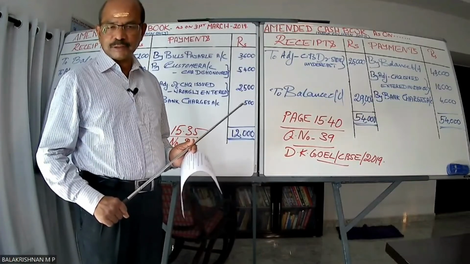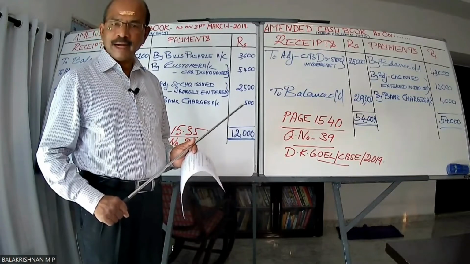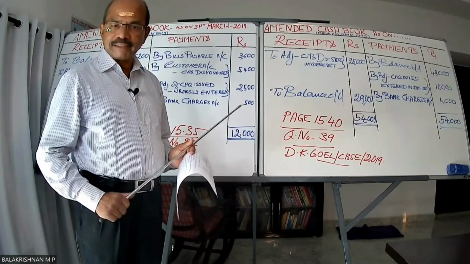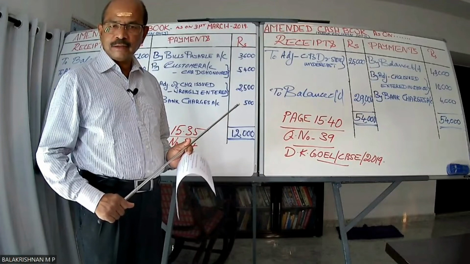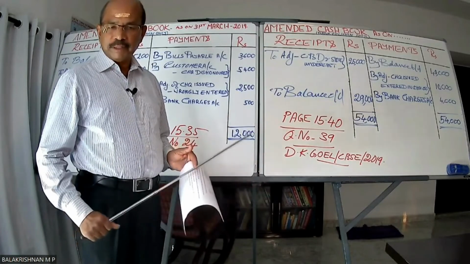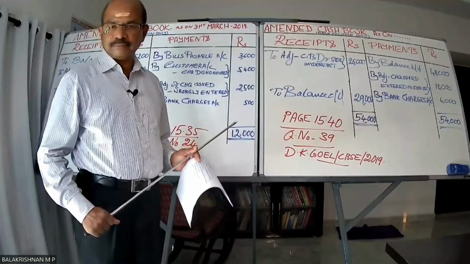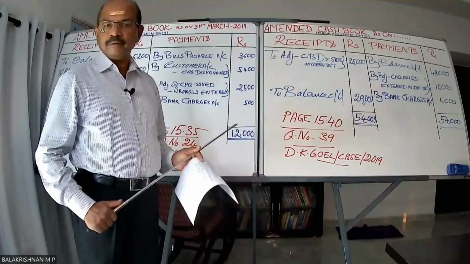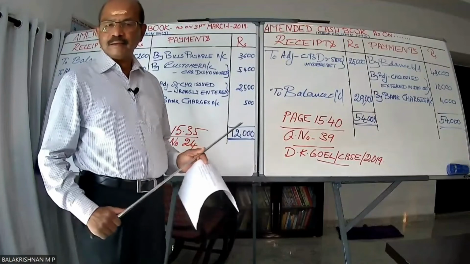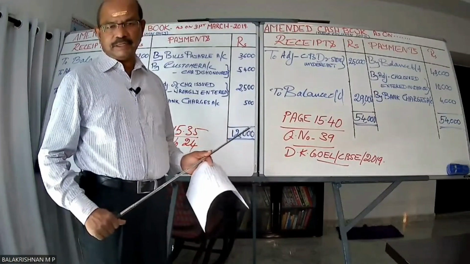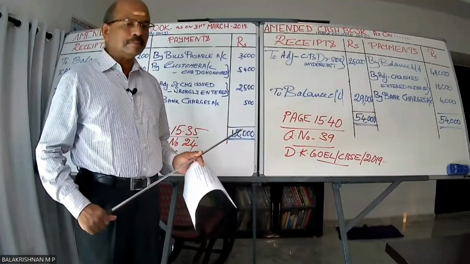Mostly cheque issued not presented or cheque deposited not cleared. And maximum, one more entry may be there, that is, collected but not sent to the bank, like cheque received but not deposited in the bank. That's as good as cheque deposited not cleared. Okay. So please take care.